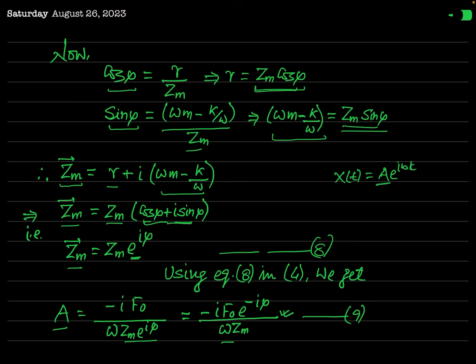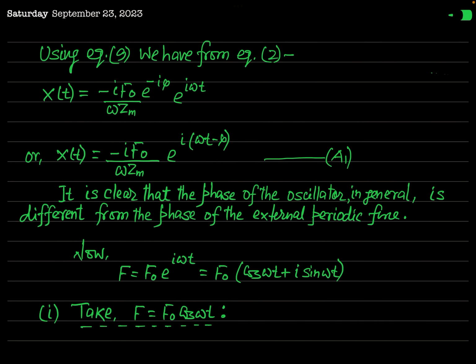Okay. Now after getting this value of A, you can write the solution of that very equation of motion. As you have seen earlier, this solution x of t, I have written, is A e to the power i omega t.